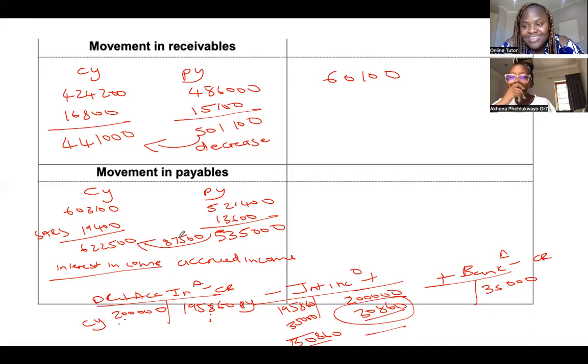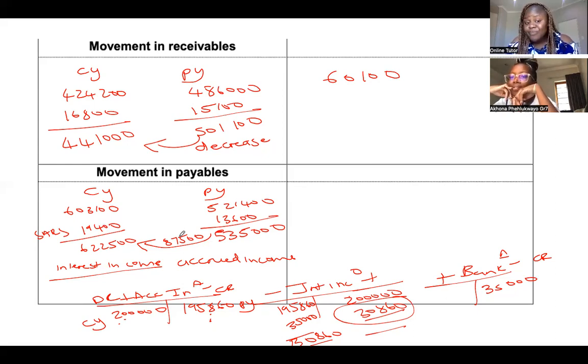Okay, now I'm confusing myself. If your liability decreases, it means you are paying. Money is leaving your account because you're paying. That would be an outflow. So if your payables is going down, it means you're paying, which means it's outflow.